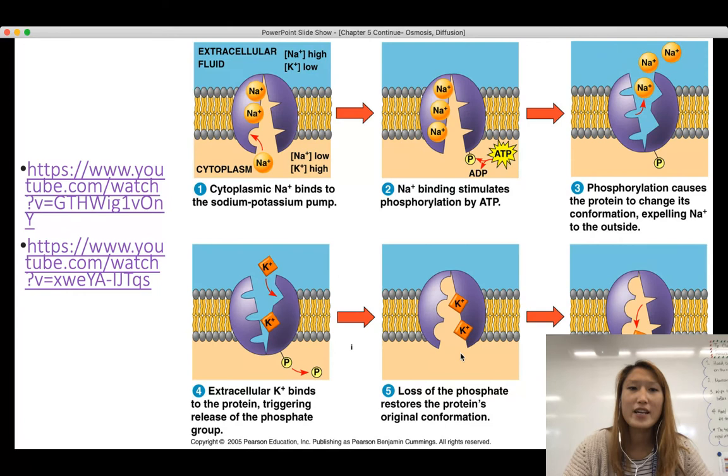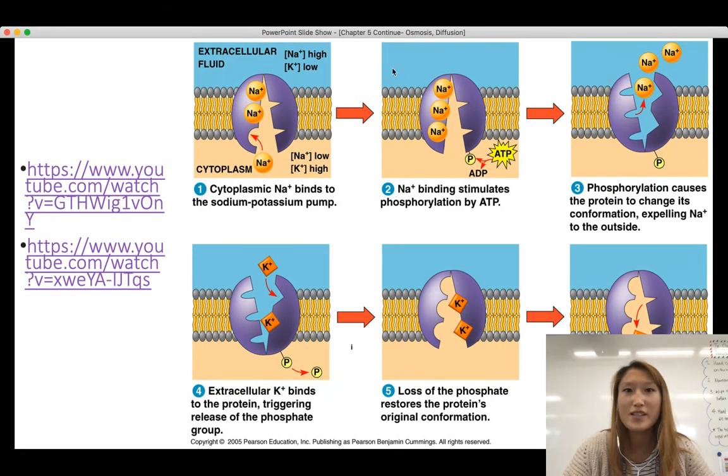So this right here shows you a very typical classic example that we're going to meet again in the future. It's called a sodium-potassium pump. So this pump, this active transport, is very fancy in the sense that it doesn't just transport one type of molecule, it transports 2. In this case, it will transport sodium ions from the cytoplasm to the extracellular fluid.